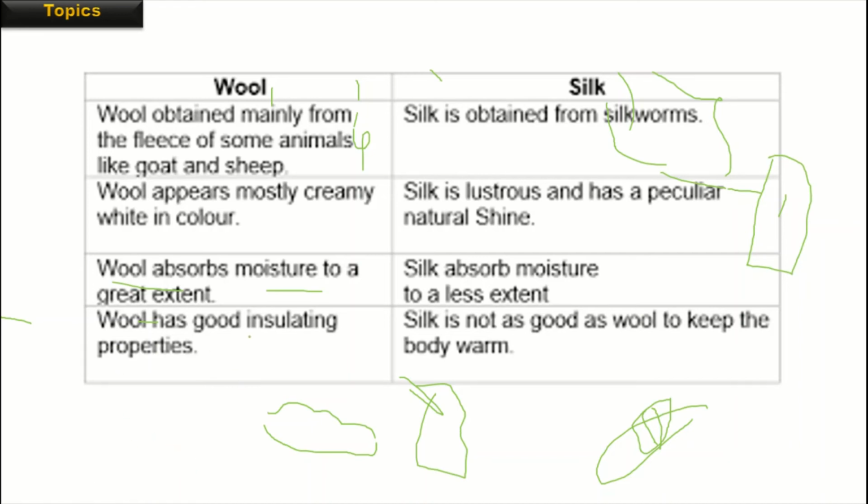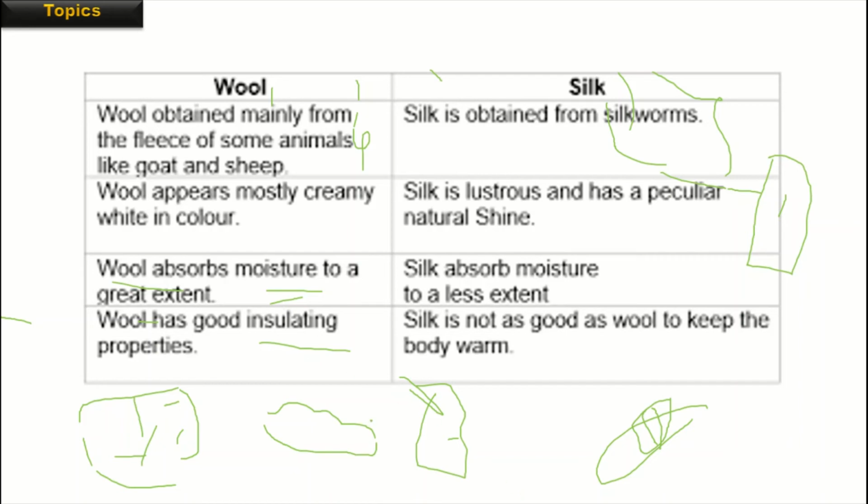Did you hear the term insulator? You have learned the term insulator in 6th class. Wool is an insulator of heat as it traps the air inside. Silk is not as good as wool to keep the body warm.